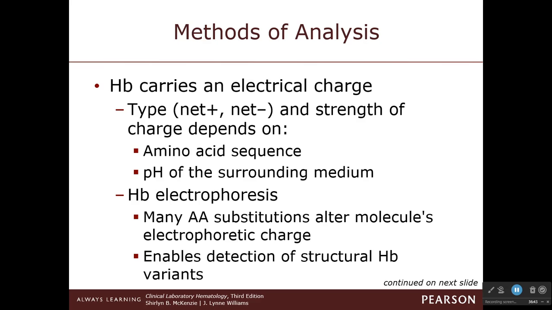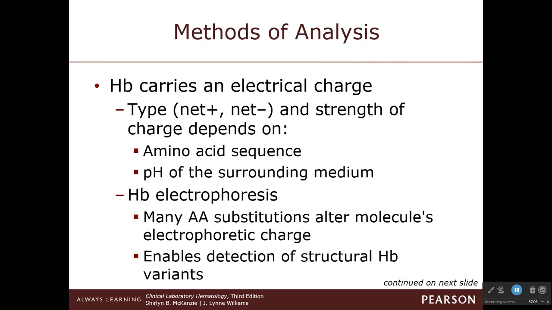If I want these things to move, they're going to move based off charge, but they're also going to be moving based off of their size. Little tiny ones that have a good charge are going to come over here and show up way down here close to the positive. Big fat ones like me are going to be right here close to the origin.